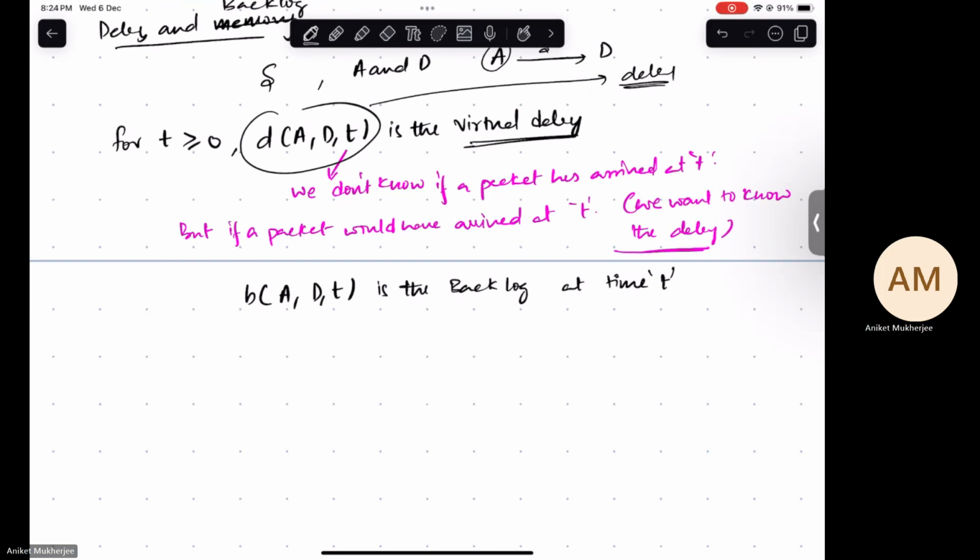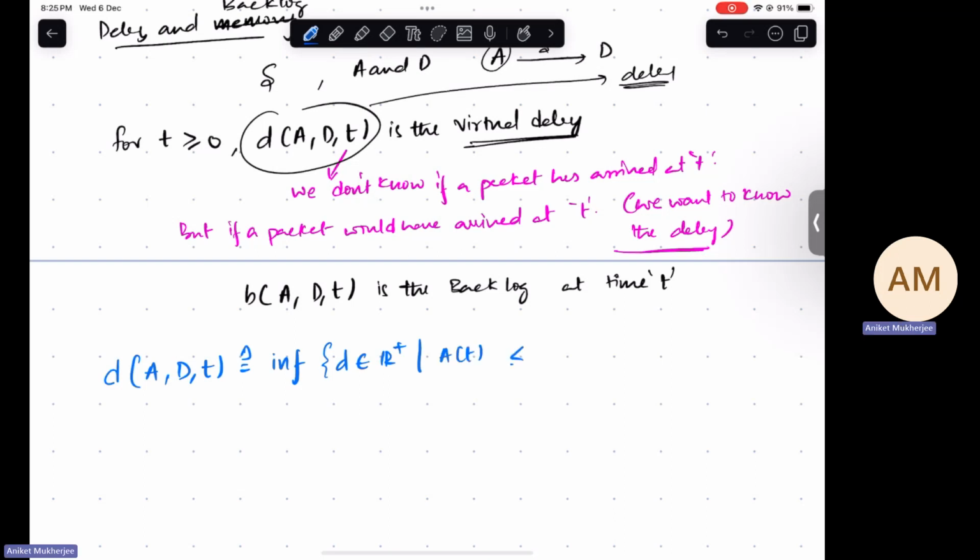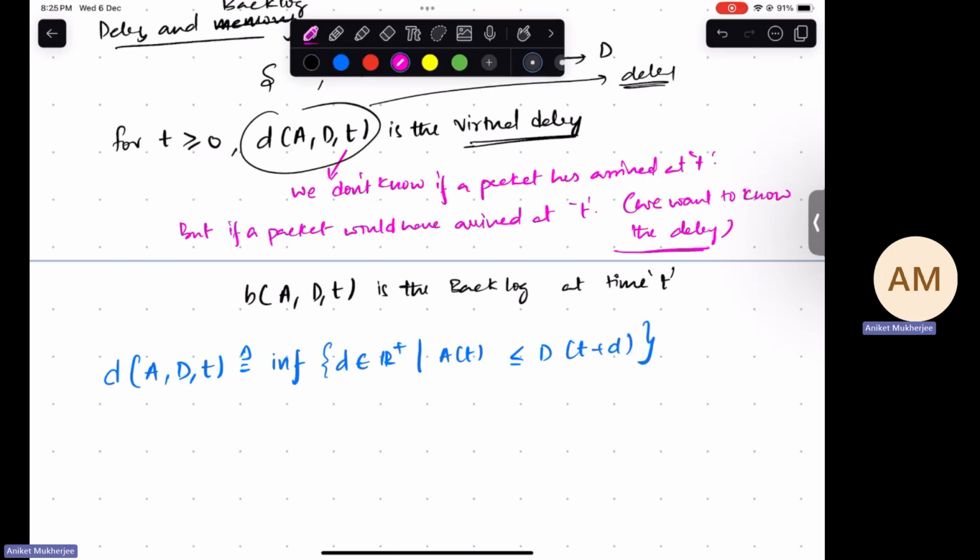Let me write down the formulas for this. The virtual delay given A, D, t is defined as the infimum of d belonging to R plus such that A(t) is less than or equal to D(t + d). Let me explain this a little.